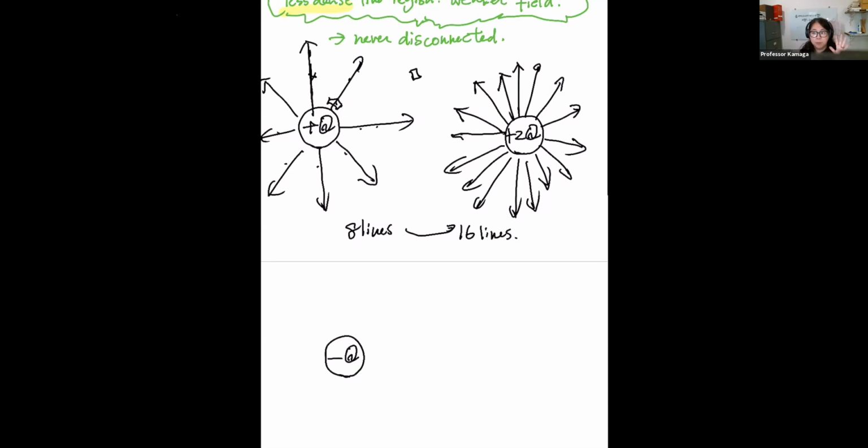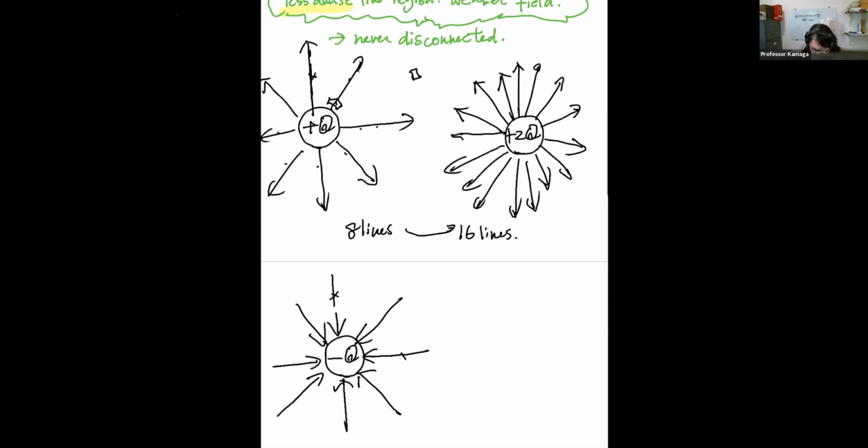So if I bring a plus test charge to the minus Q, the force is going to be attractive, so it's going to come towards minus Q. The strength of the electric field of minus Q should be similar to plus Q, so I'm going to draw the same number of lines as plus Q, but change them to be inward.